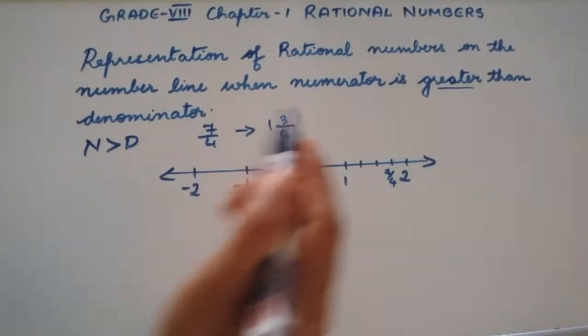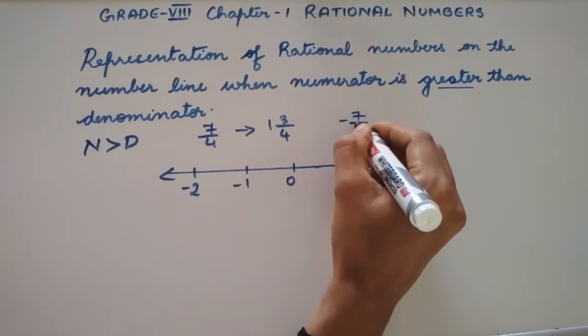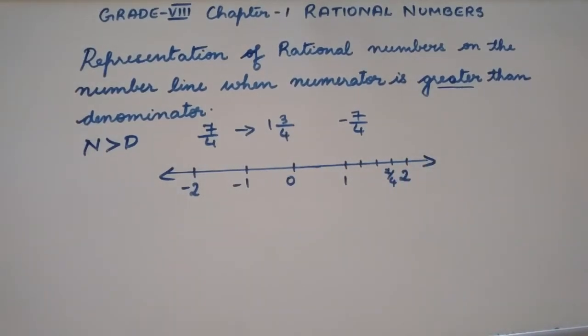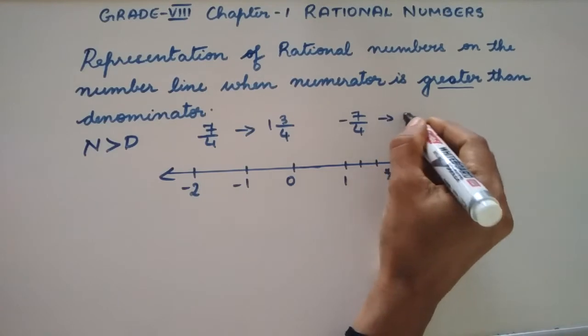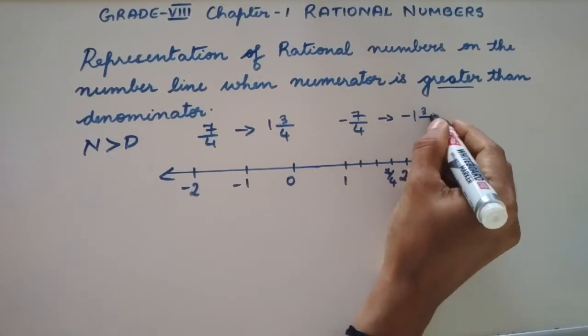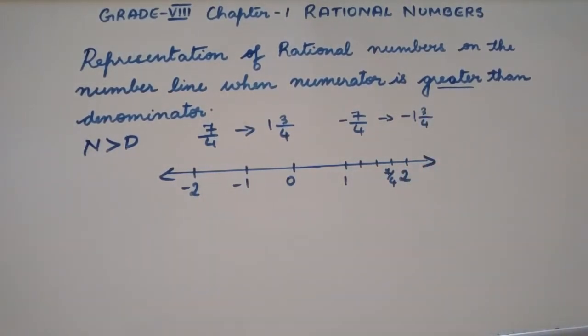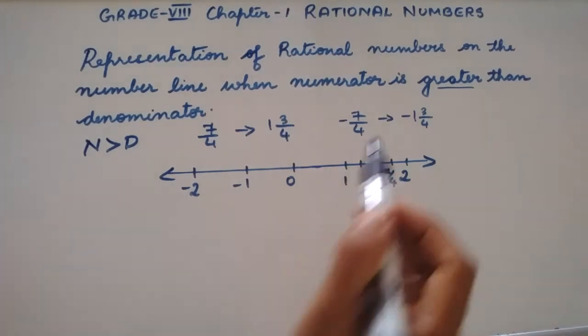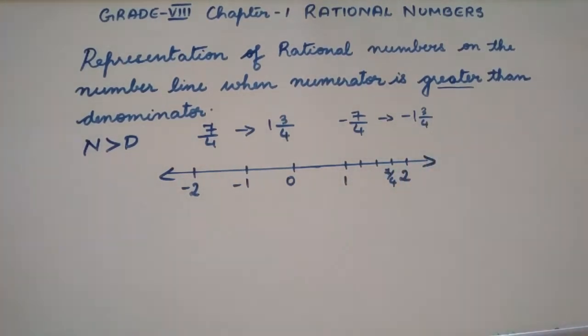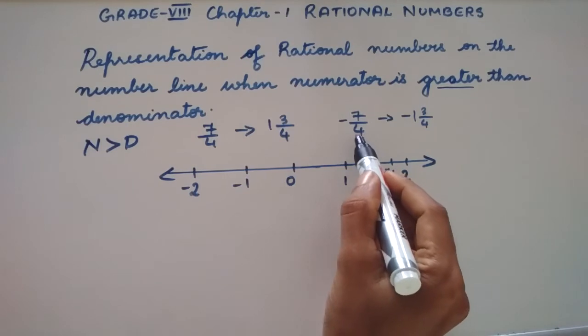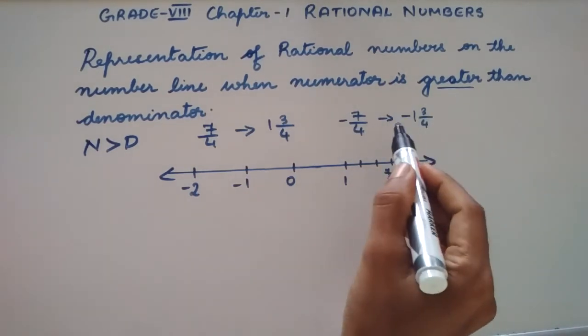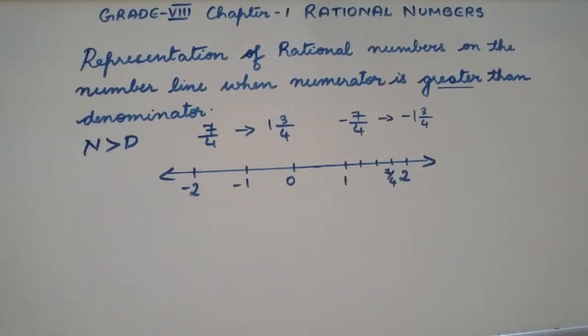What about minus 7 by 4? We can write minus 7 by 4 as minus 1, 3 by 4. So the number minus 1 tells us that minus 7 by 4 is between itself, that is minus 1, and the next number.